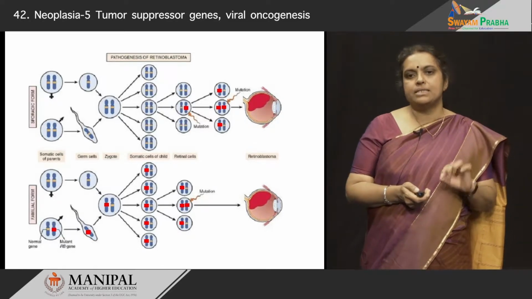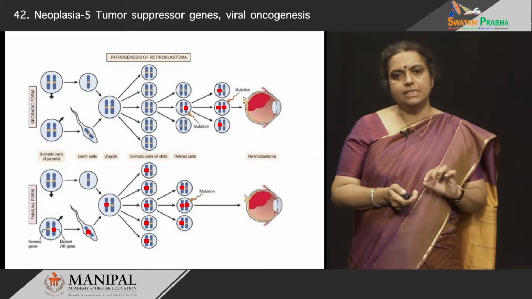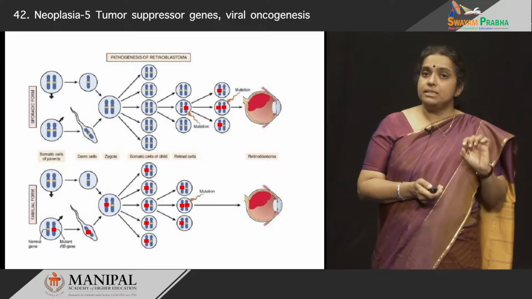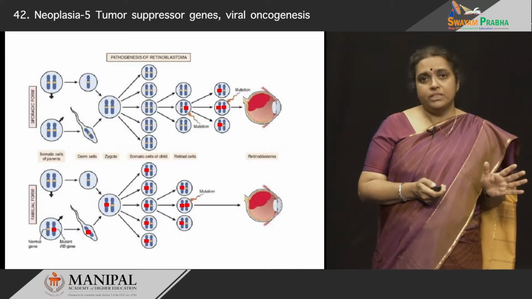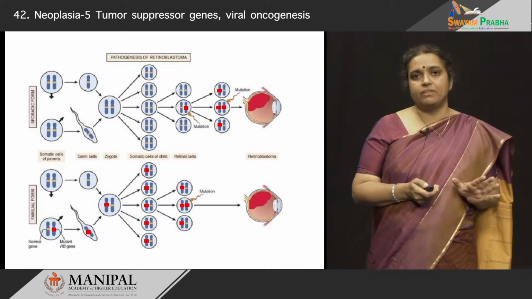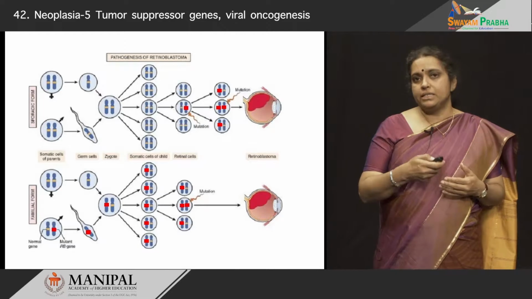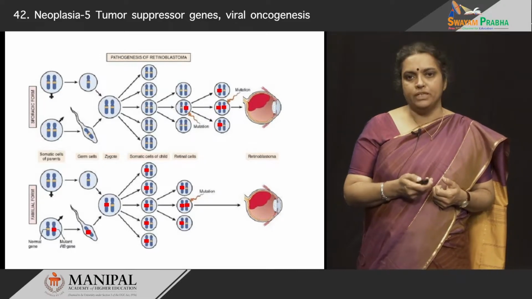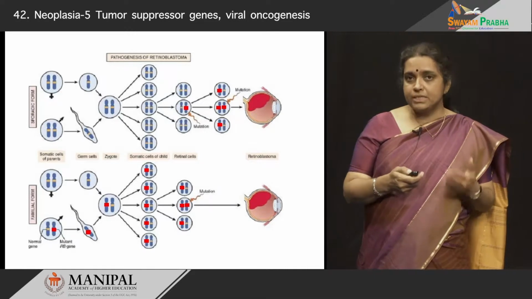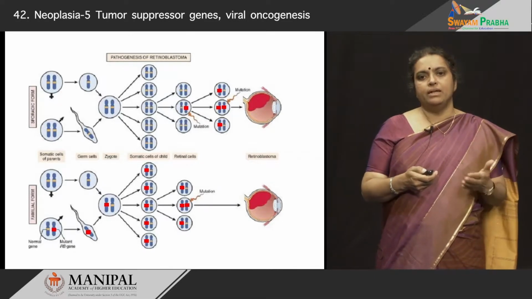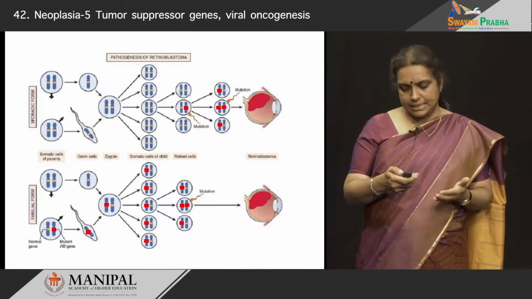So, the second hit occurs within the retinal cells, whereas in the sporadic form, which is shown in the upper panel, none of the somatic cells have the defective genes because it is not an inherited form of the disease. Okay. So, both the mutations, the first hit and the second hit, will occur within the retinal cells.